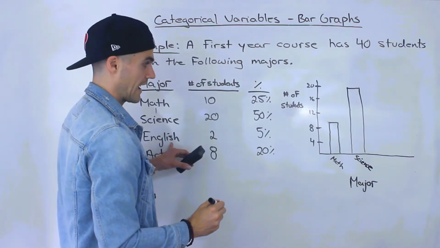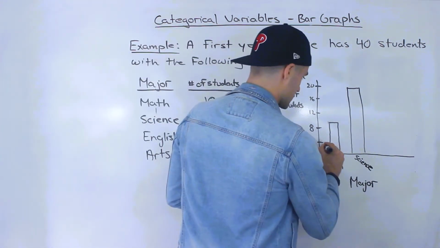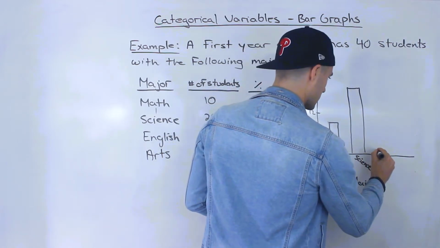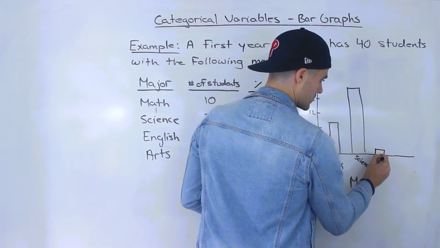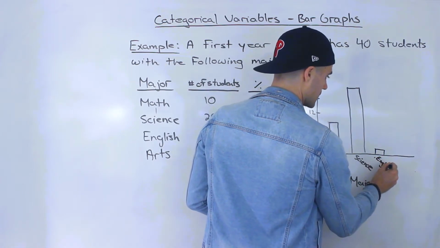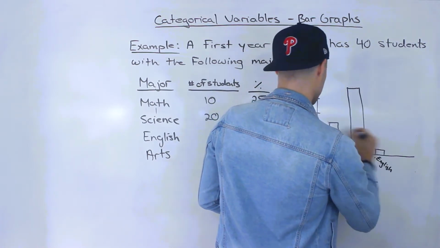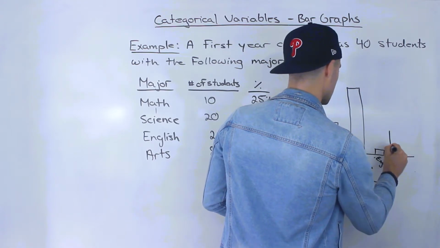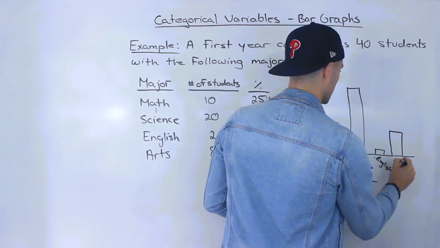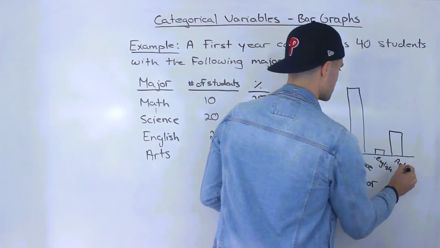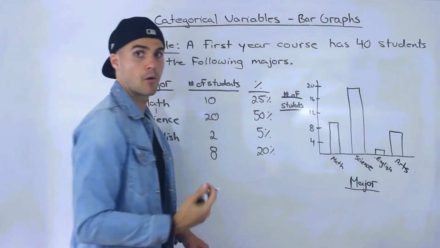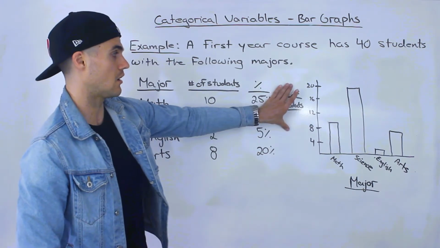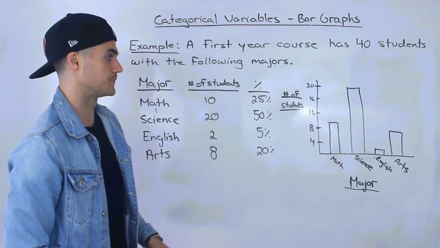And then you're going to have English. There's 2 students, so 2 would be a smaller height like that. So this would be English. And then we have arts, which is going to be at 8. So that's going to be like over here. And that's pretty much how you make a bar graph with the frequency on that right side.